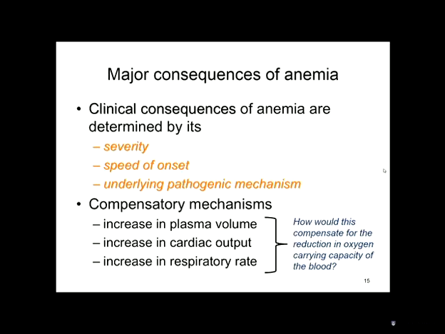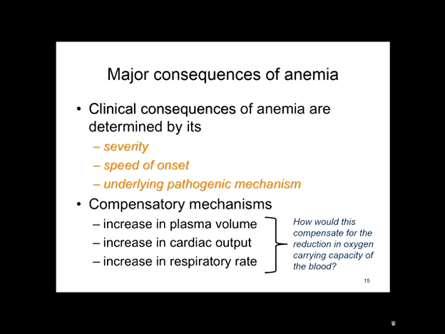But overall, the consequences to the host, of course, depend on how severe the anemia is, how quickly it started, and what the underlying mechanism is. Okay, because some mechanisms affect just the red cells, other mechanisms affect all cell types produced in the bone marrow, and so on. Okay, so we'll talk about this in a little more detail as we talk about specific anemias.